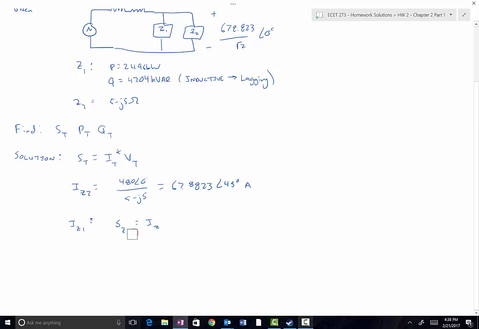The apparent power in element Z1 is going to be IZ1 star, or complex conjugate, times VZ1. So I can rearrange that and say that IZ1 is going to be SZ1 over VZ1 complex conjugate.